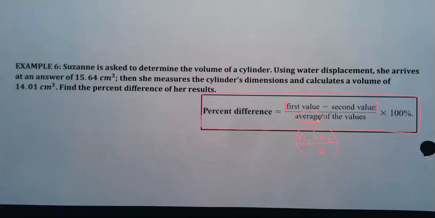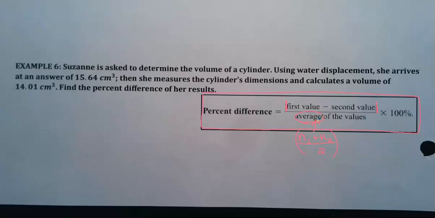Okay, so in this case, is there a known value? No, so we're not calculating experimental error. She has solved this 2 different ways, and so we're looking at the percent difference in what she got. And there's no known value in this equation.